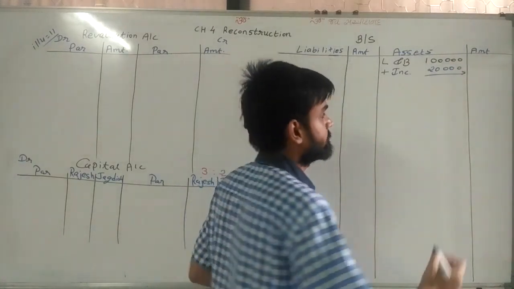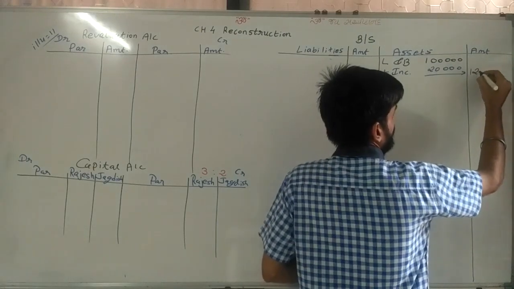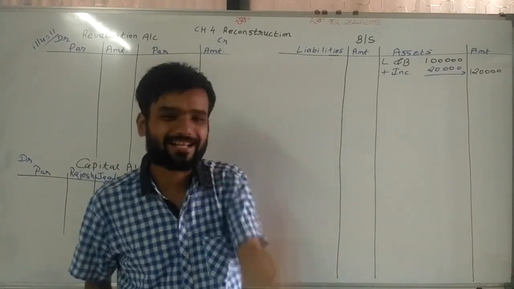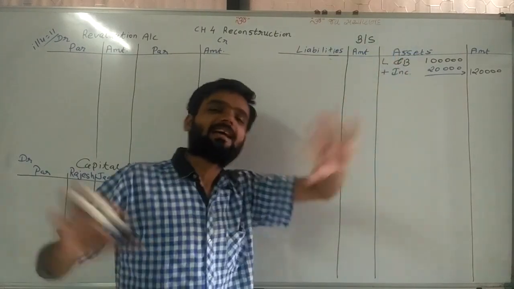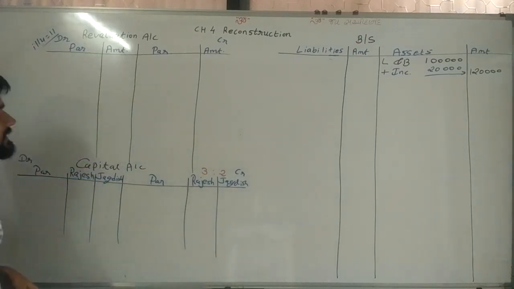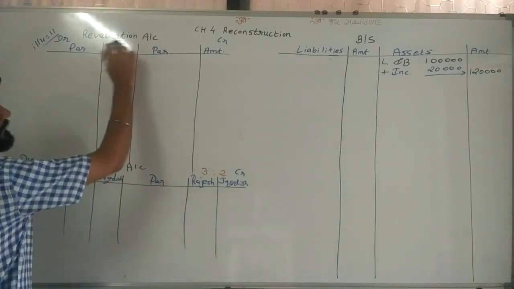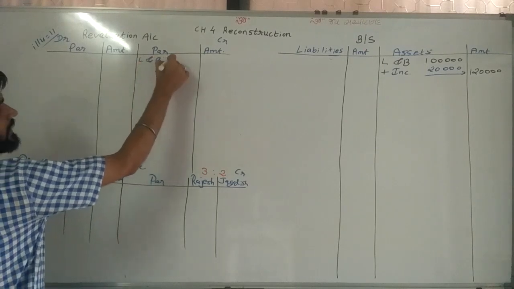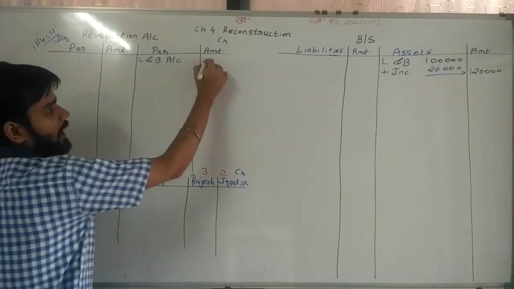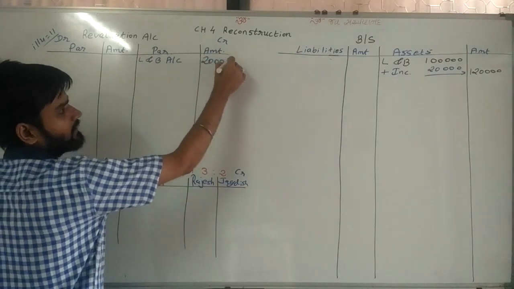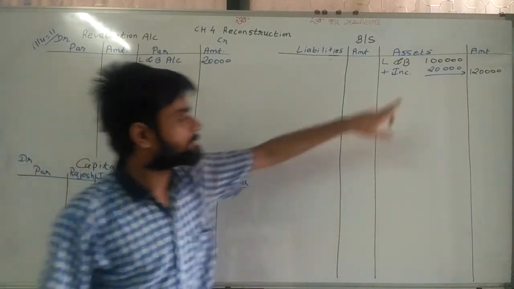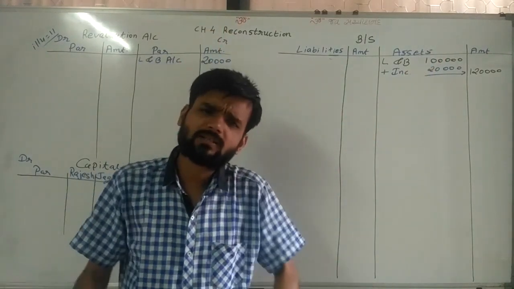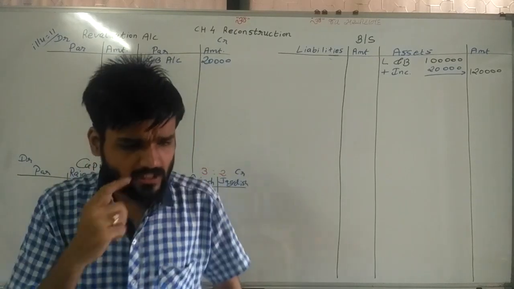Now the total of this is 1 lakh 20,000. Now think, happy or sad? Definitely the asset increased, happy, and happy means credited to the revaluation account. Land and building account, how many rupees happy? 20,000 rupees happy, because my value increased by 20,000. First adjustment clear.